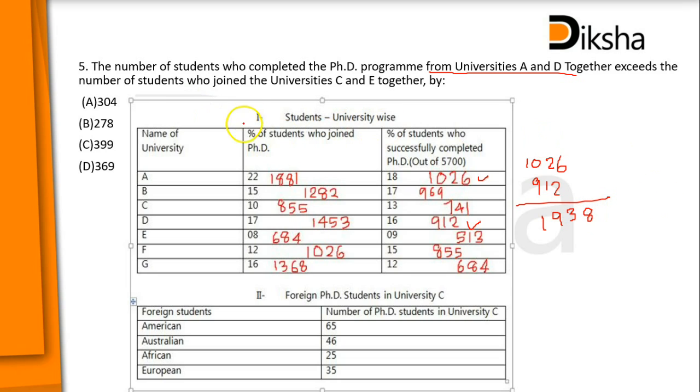Then together the students who joined C and E, that is 855 plus 684, gives you 1539.